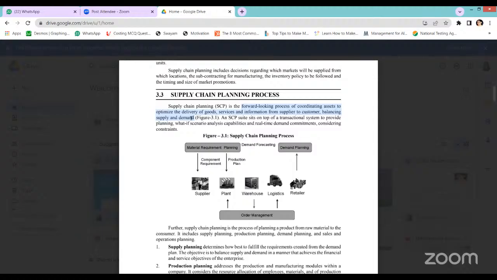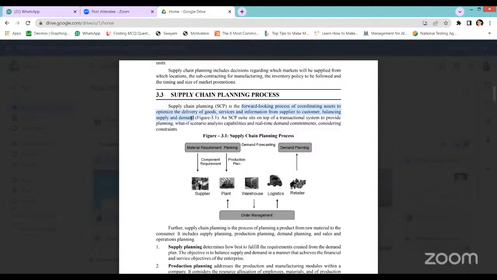Say, for example, you did the market research and understood the customer demand, but you are not able to communicate this to your customer, so there will be no use, right? You know everything, but if timing is not followed, then also you will fail. Or you understood the customer demand, but you fail in coordinating your assets and optimizing your goods or services delivery, then you will fail.